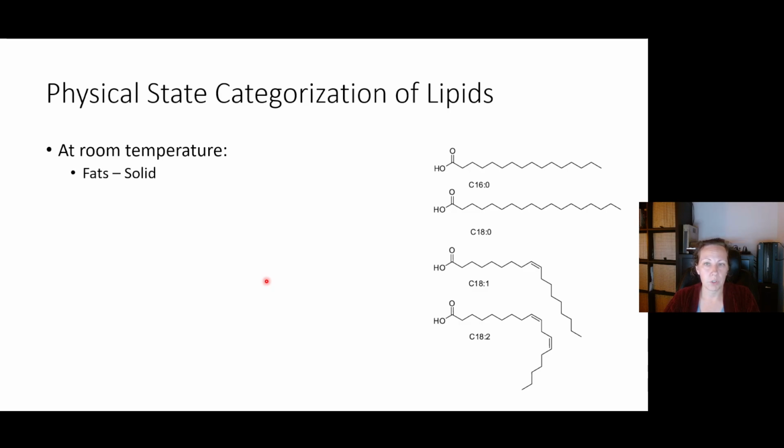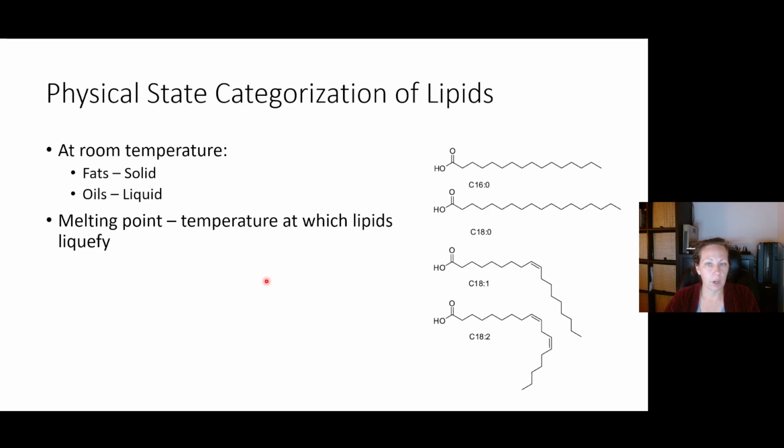If we're at room temperature, what we call fats will be solid. So if the lipid is solid at room temperature, it is called a fat. If it is liquid at room temperature, it is called an oil. Okay. And a key term here for this whole definition is that melting point is the temperature at which lipids liquefy.